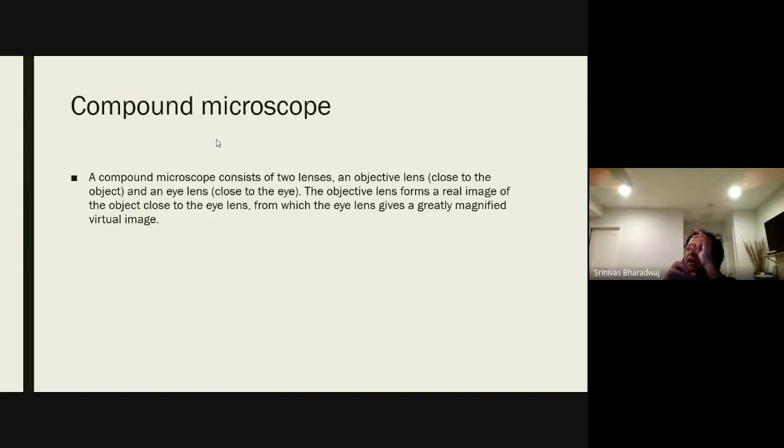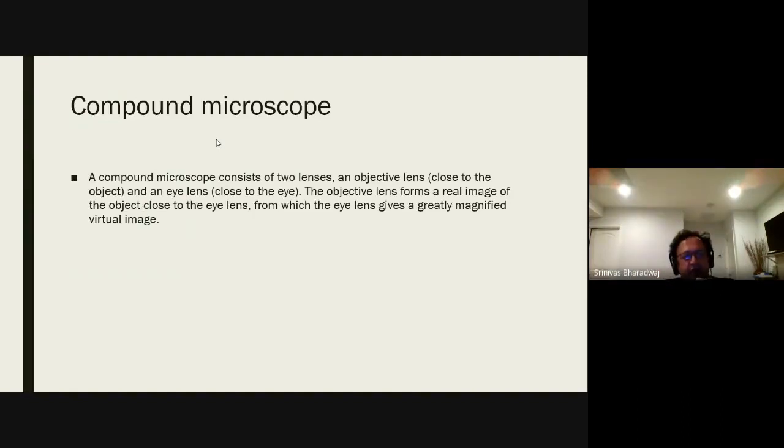Okay, so the telescope has a small eye lens and a bigger objective lens. There is an eyepiece and an objective piece. The objective piece is closer to the object. The eyepiece is closer to the eye. Now, the telescope has a bigger objective piece and a smaller eyepiece, as you would all have noticed, right?